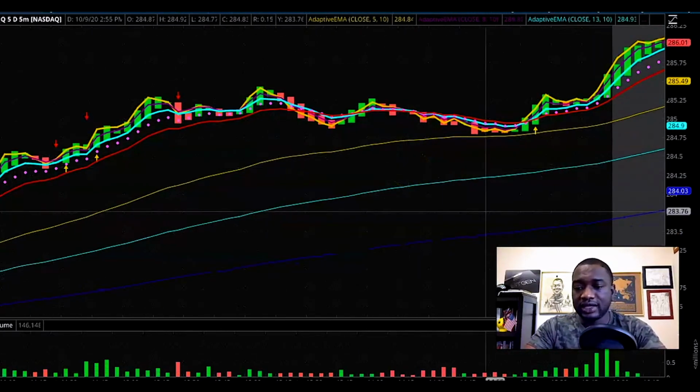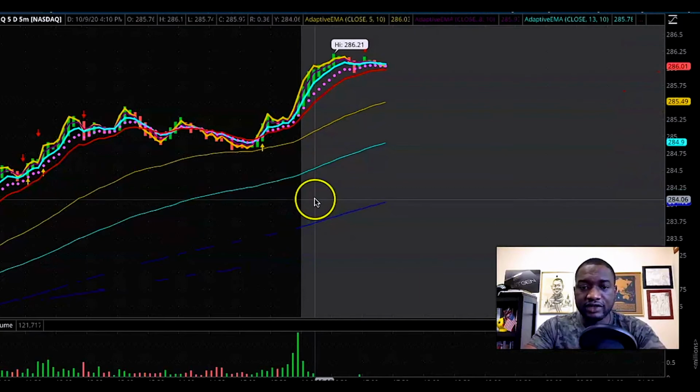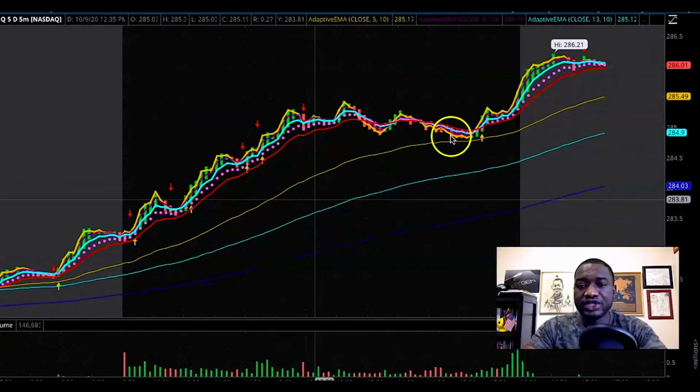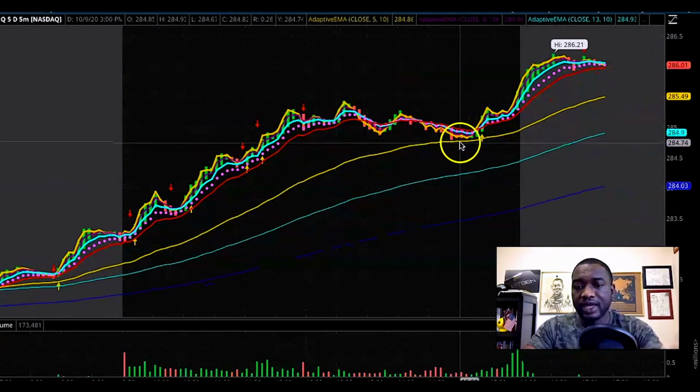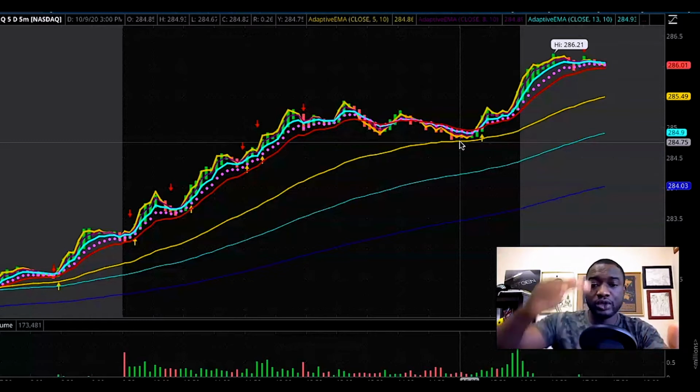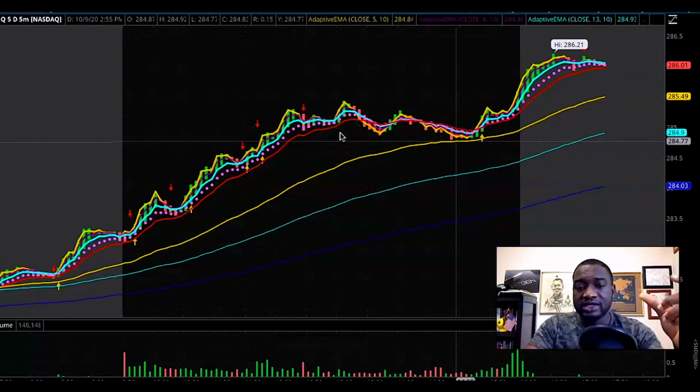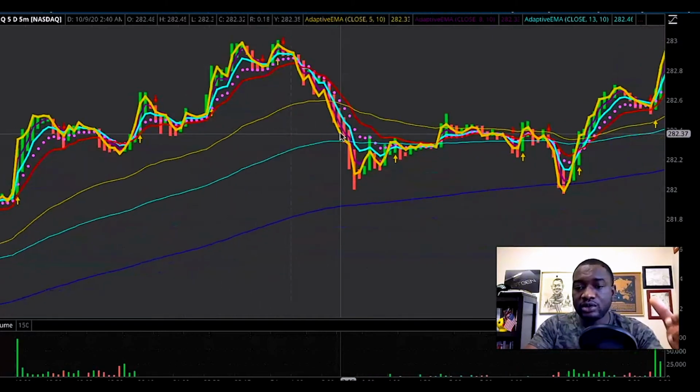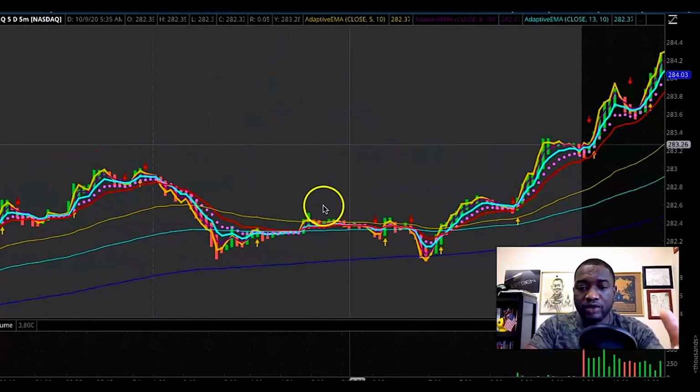So like we said in previous lessons, the moving averages are basically there for you to be able to see resistance and support. Sometimes price can be within the moving averages, and it will act as an easy way to look at support and resistance.